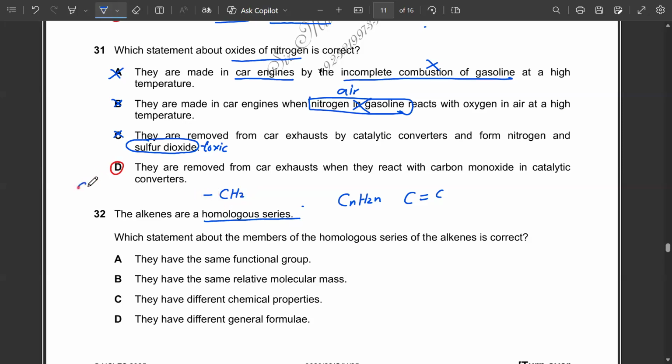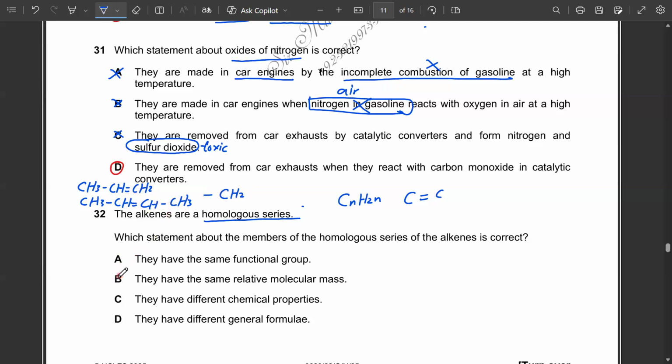For example, CH3CH=CH2 is propene, whereas CH2=CH-CH2-CH3 is butene. Now you can simply see there is a difference of one carbon and two hydrogen atoms between them. So as a result of this, you can see they are of the same homologous series.